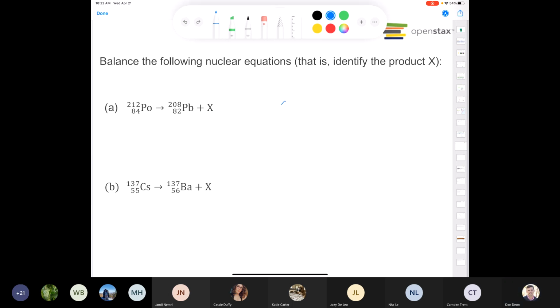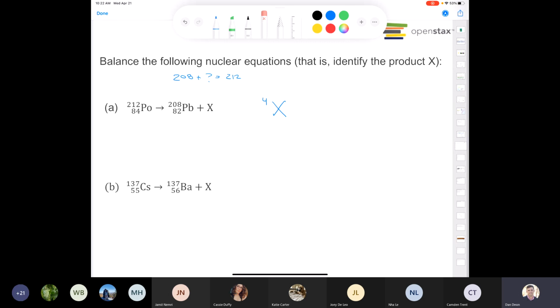What is our mass number going to be? Here we have 212, and here we have 208. So 208 plus something is going to give us 212. The answer is 4, right? It's not going to be 2, because 208 plus 4 gives us 212. So there we go, we have our mass number.